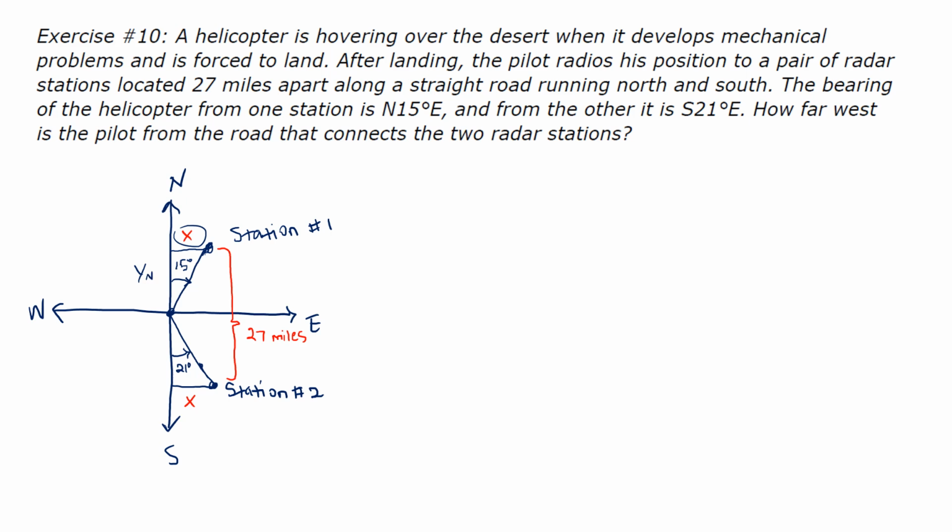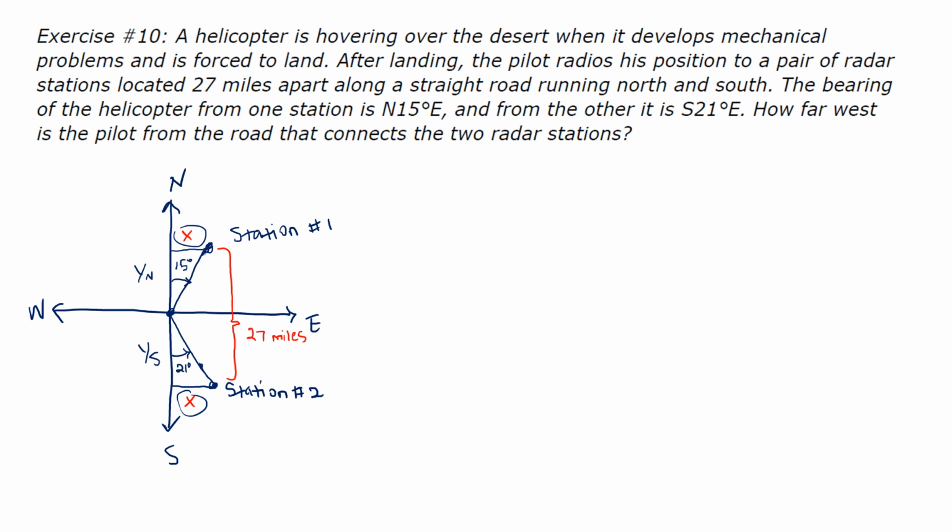So let's just give it the variable y sub n, to signify the y, north. For our second triangle, we have our angle perspective of 21 degrees. We're trying to also find x, and the other leg will be y sub s for the y displacement south.